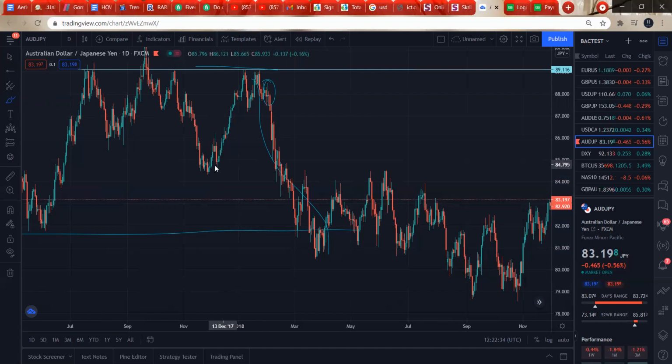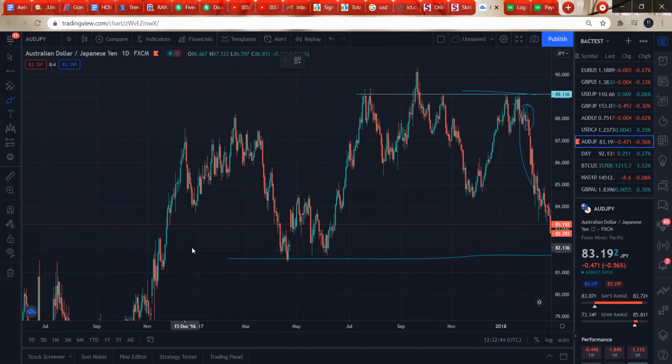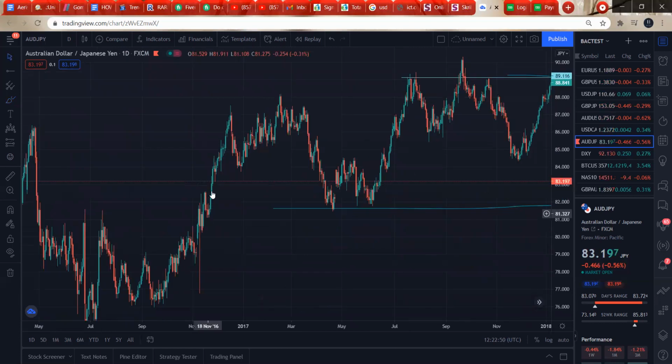So if it's going up, let me just get an example for when the market is going up. Let me get one which was retested. So if the market is going up like this, what you need to check is where the volume is.